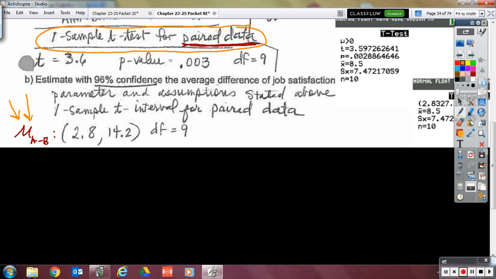Since this is about a difference, you have to define which way you subtracted. So mu of A minus B is 2.2 to 14.8. Sorry, 2.8 to 14.2. So let's interpret that.